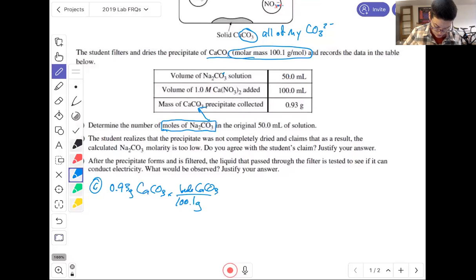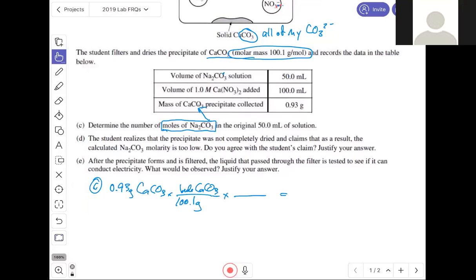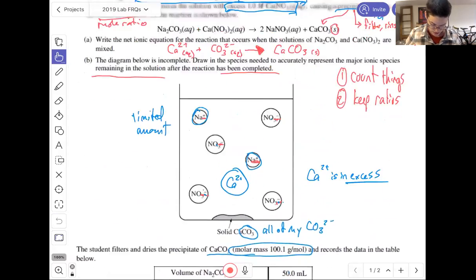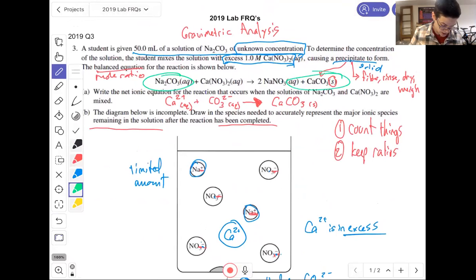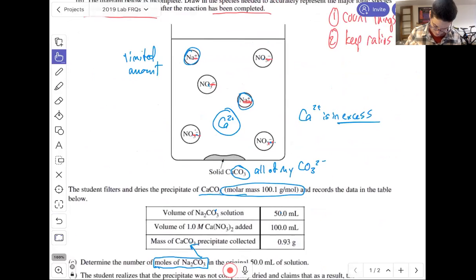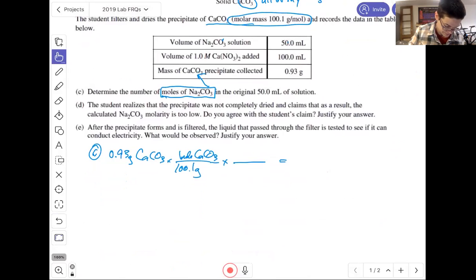And if they want moles of sodium carbonate, what's my last step? Use the mole ratio. So what is the mole ratio though? Calcium carbonate, sodium carbonate? 1 to 1. How easy. All right. So this is a 1 to 1. So 1 calcium carbonate, 1 sodium carbonate.